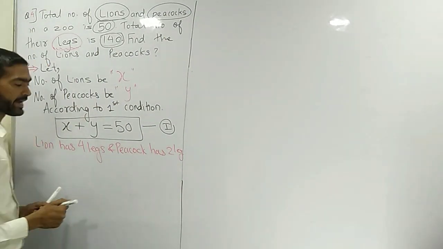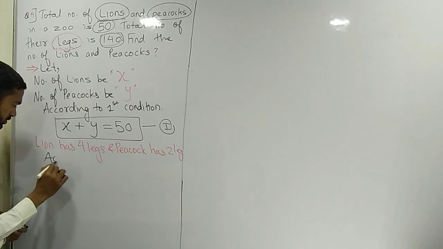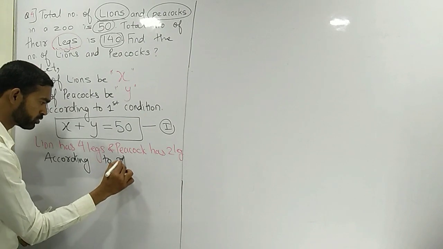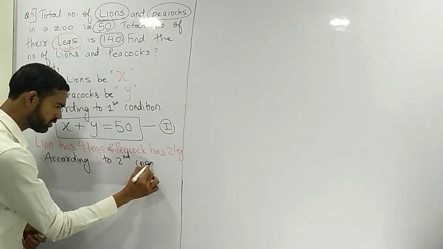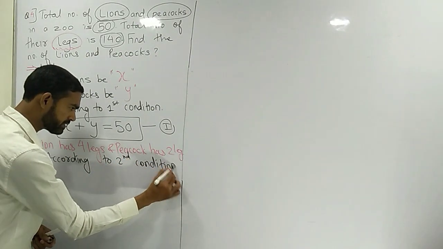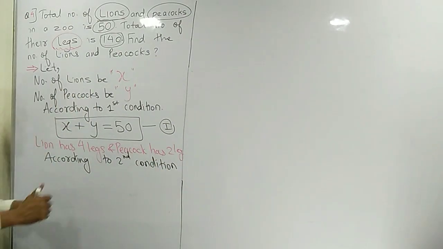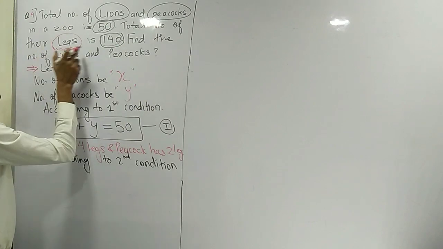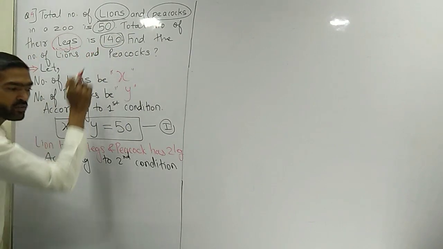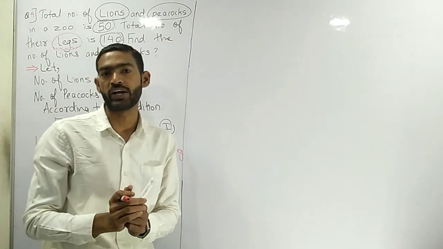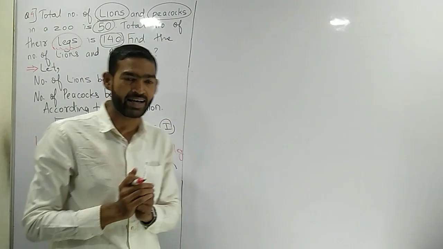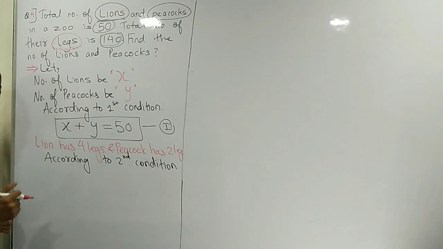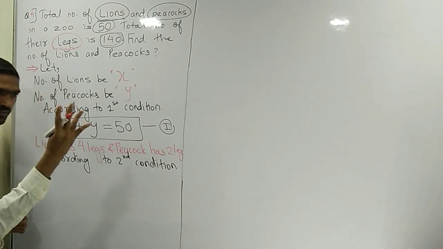Now we'll move towards the second condition. So we'll write here, according to the second condition. Now what is this second condition? The total number of their legs is what? 140. Again, total means what? We need to add all the animals' legs. So we all know a lion has how many legs? 4 legs, right?